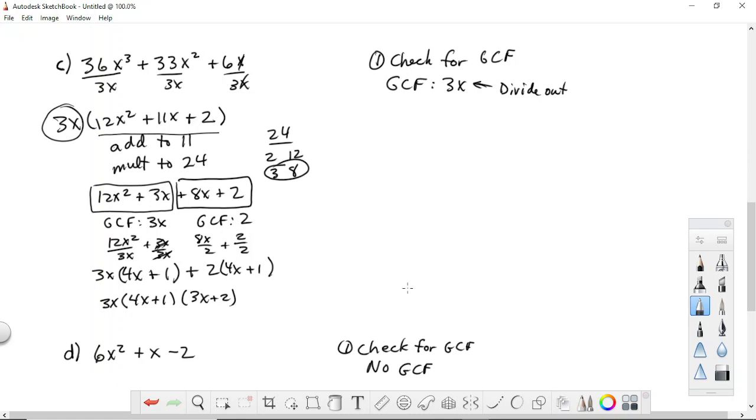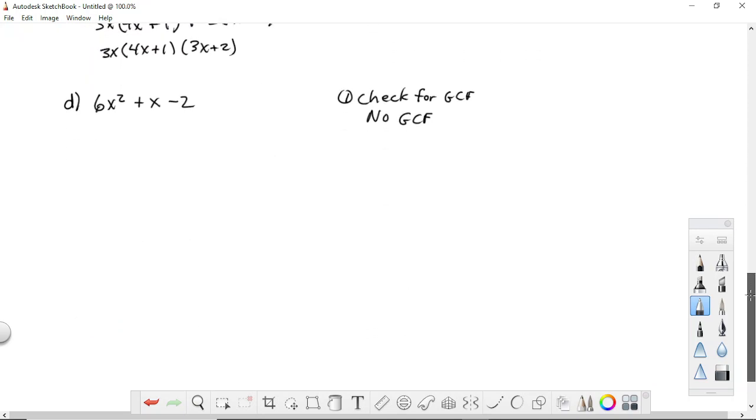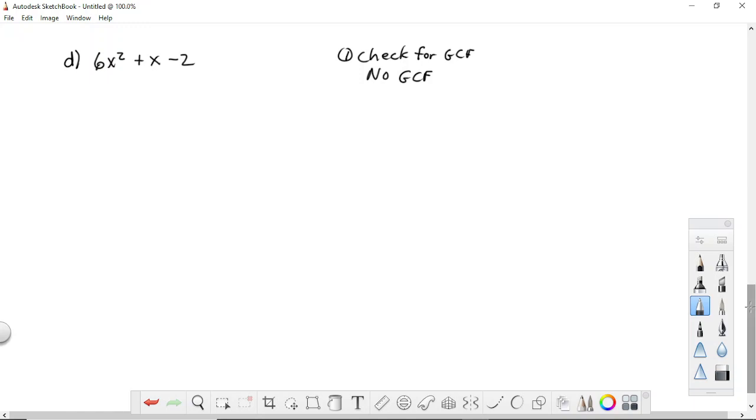So there's one more. We have 6x squared plus x minus 2. And first thing we're doing, that 6 is not a prime. So we're going to have to check for the greatest common factor of all three of these terms. And we look at it, and gee, you can't take a variable out of all three terms.